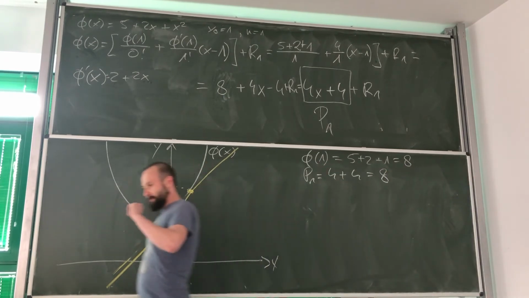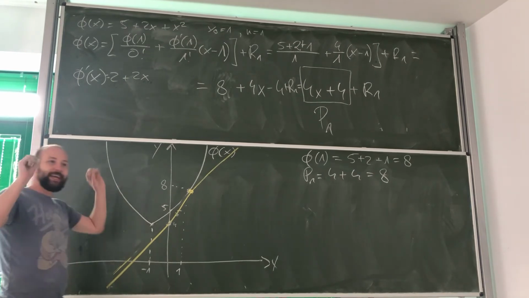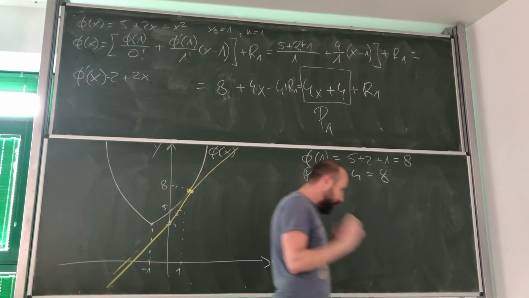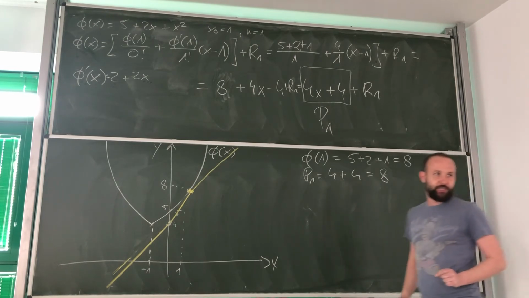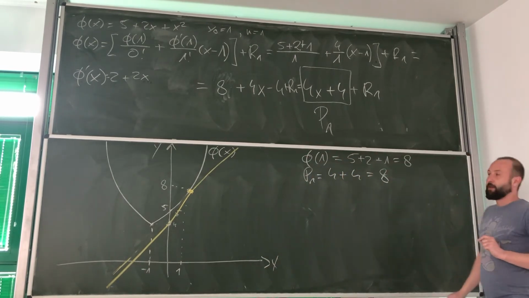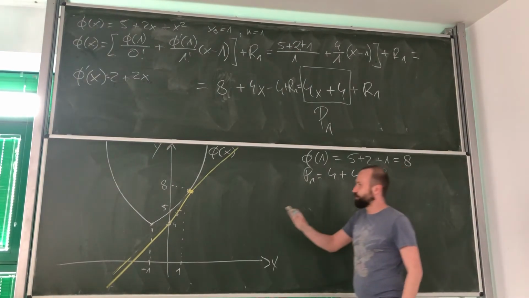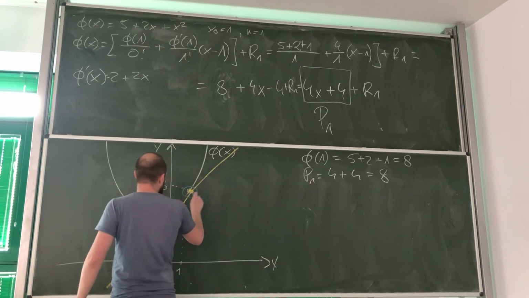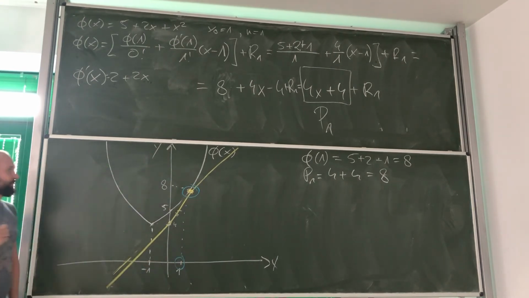However, this is not true for any other point. And look, what I can tell you that is always going to be true is that at the point of expansion, the Taylor approximation, doesn't matter of what degree, always has the same value as the original function. But it happens only at this point. Only at the point of expansion.